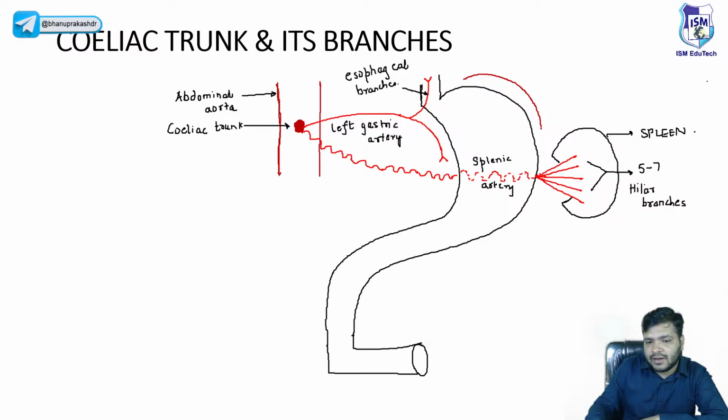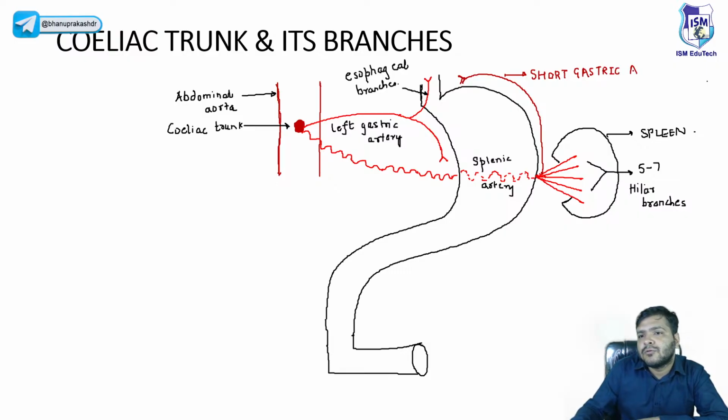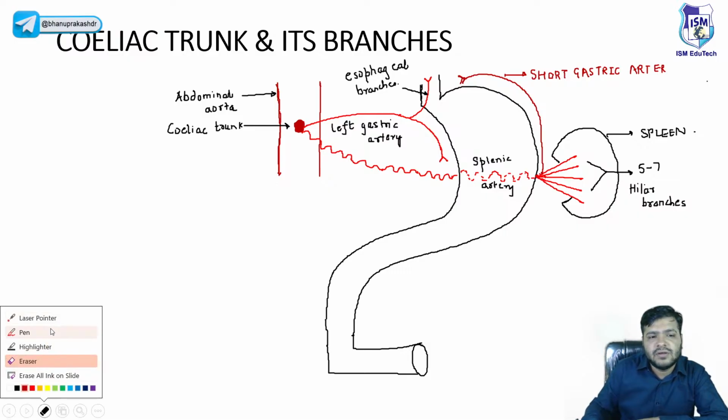So this splenic artery is giving a branch that is supplying the fundus part of the stomach, and remember that this is the short gastric artery. These short gastric arteries are supplying the fundus of the stomach, right?